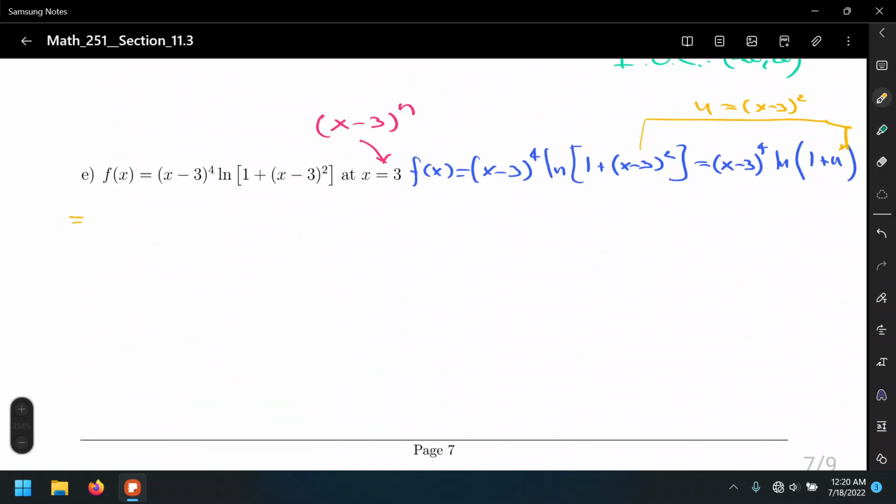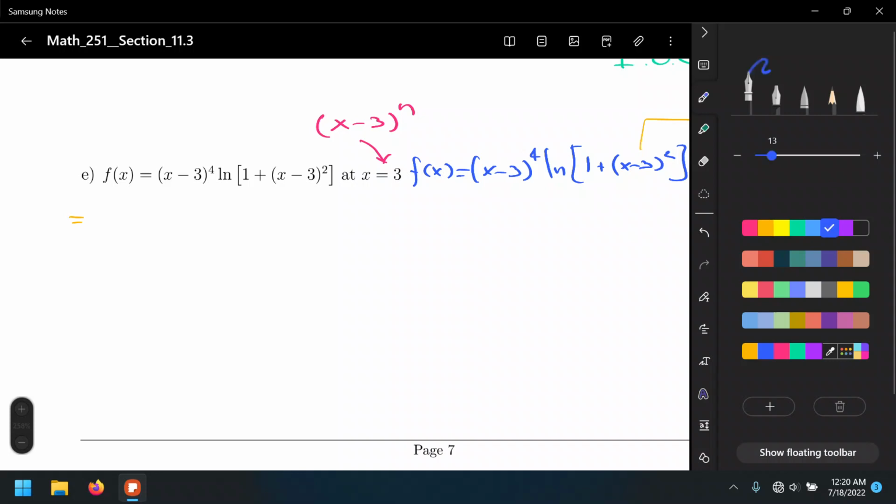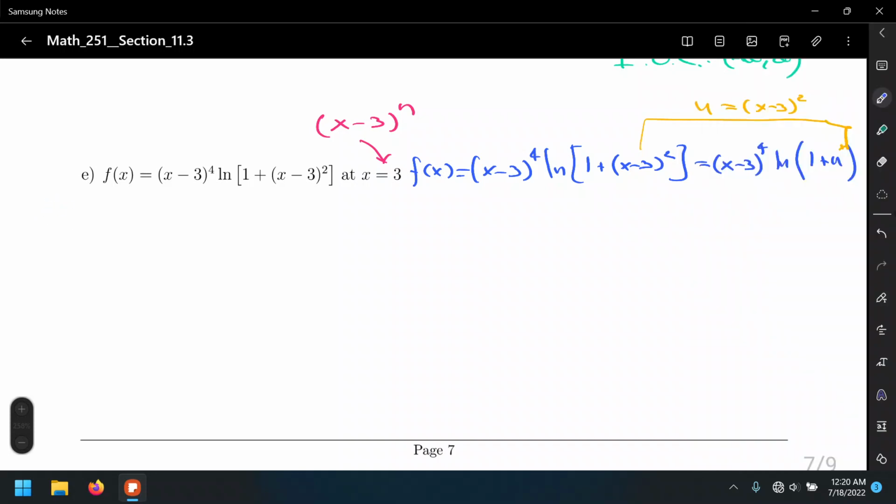So that's x minus 3 to the fourth, and instead of ln of 1 plus u I'm going to write sigma n equals 1 to infinity of negative 1 to the n minus 1 u to the n over n, and I'm going to replace u with this x minus 3 quantity squared.